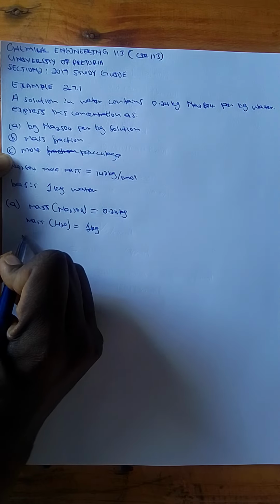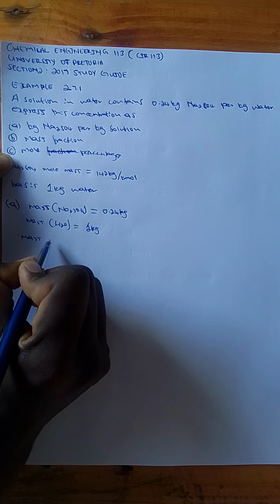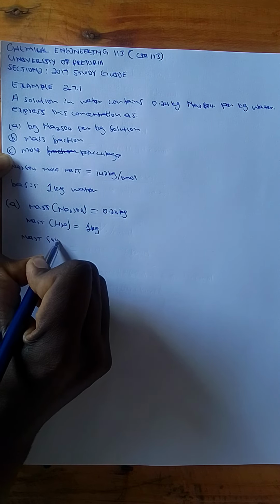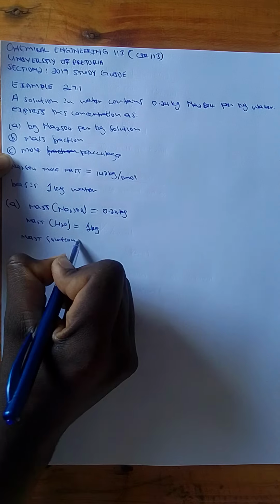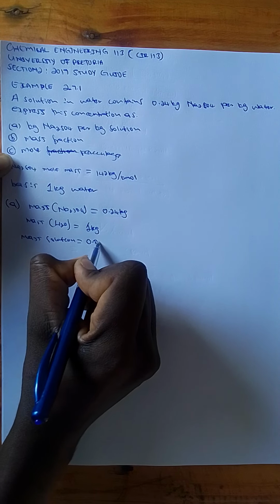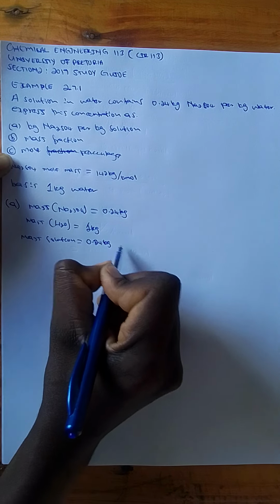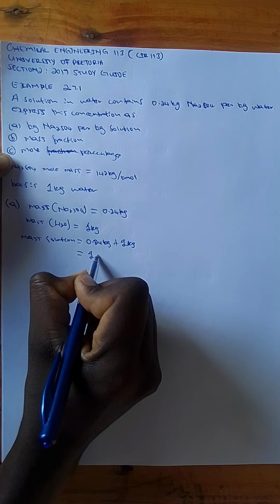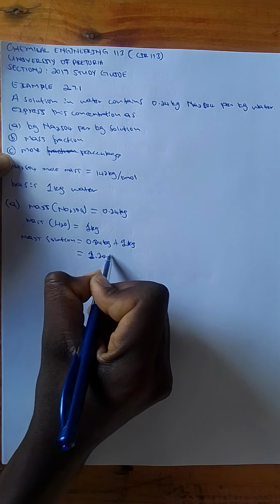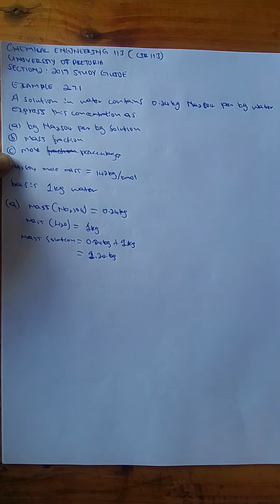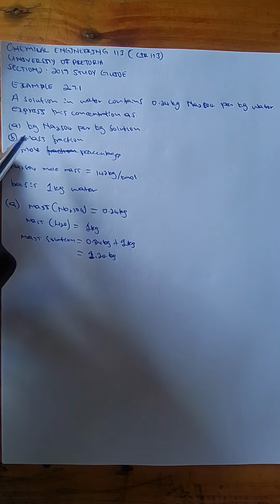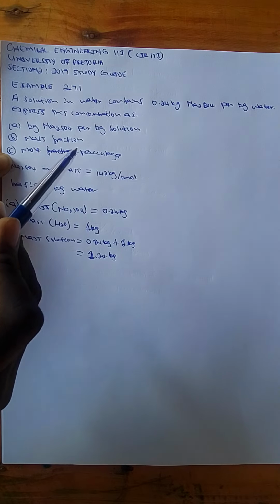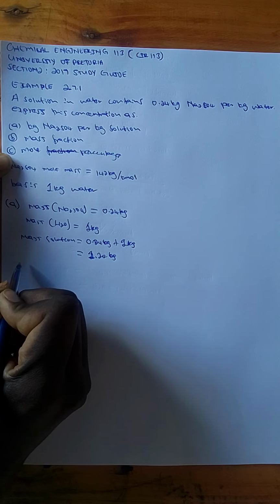Now that means the mass of the total solution becomes 0.24 kilograms plus 1 kilogram, which becomes 1.24 kilograms.